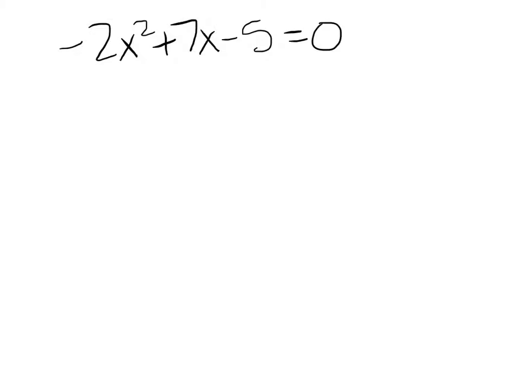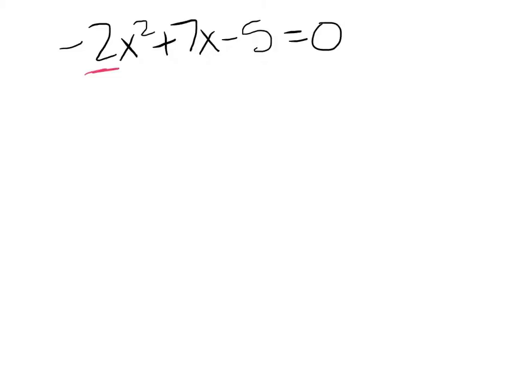Still want to do one last solve by factoring problem because, well, I like to factor. This one is already equal to 0. So now we need to factor it out. But a is not equal to 1. In fact, a is negative. And whenever we do our factoring, we do not want to start with a negative.